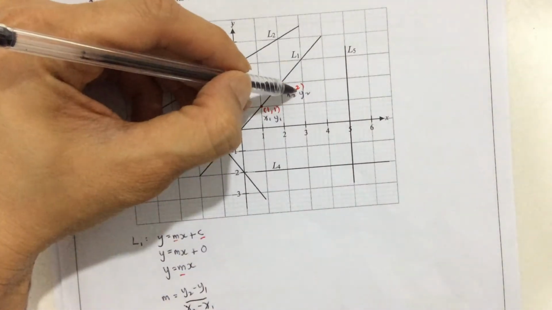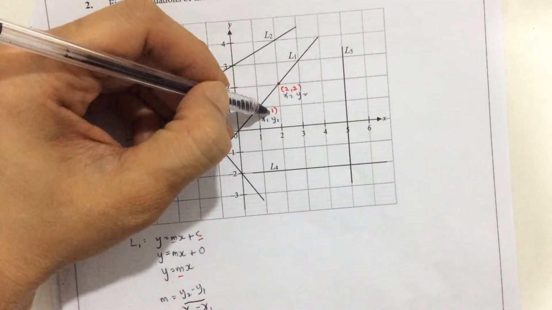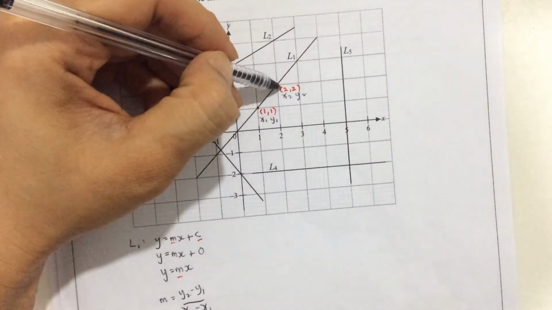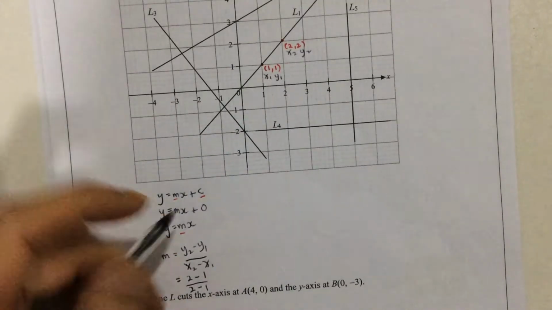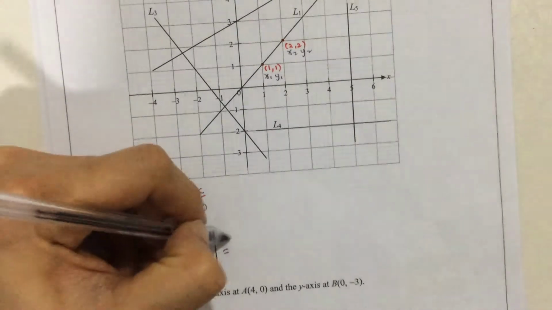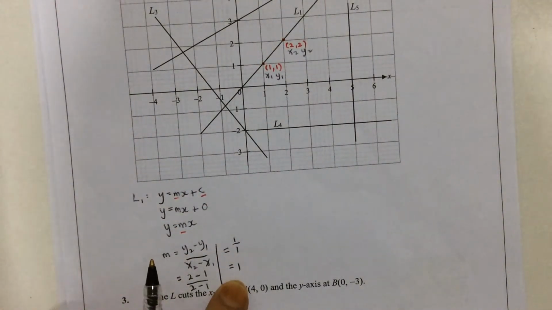y2 equals 2, so that's 2 minus y1, where y1 equals 1, over x2 equals 2 and x1 equals 1, so 2 minus 1, and this will have a value of 1 over 1, which equals 1. So the value of m is equal to 1.